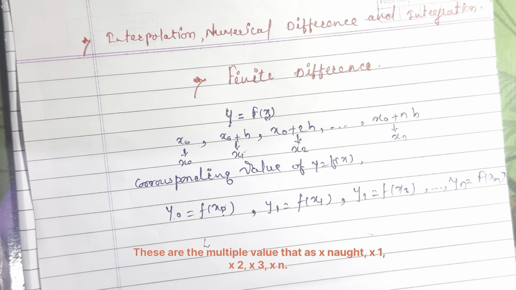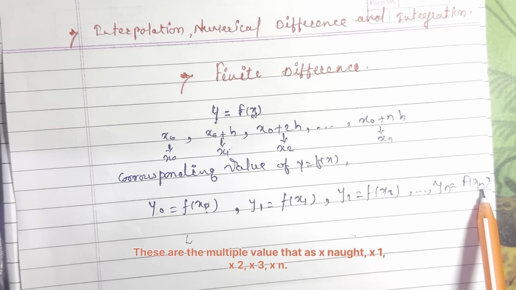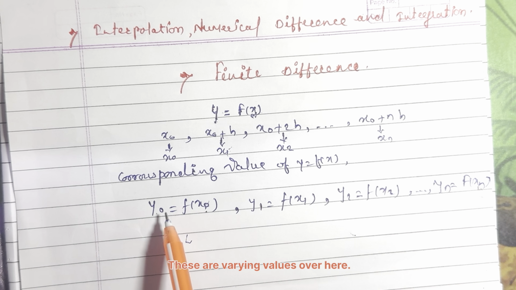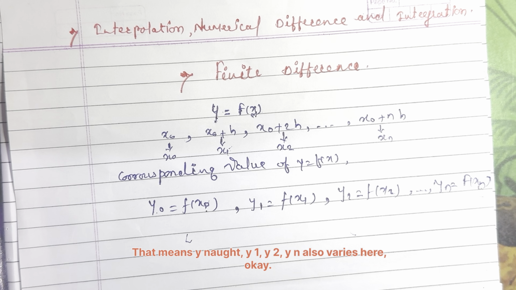These are the multiple values: x naught, x1, x2, x3, xn. If these are varying values, that means y naught, y1, y2, yn also vary.